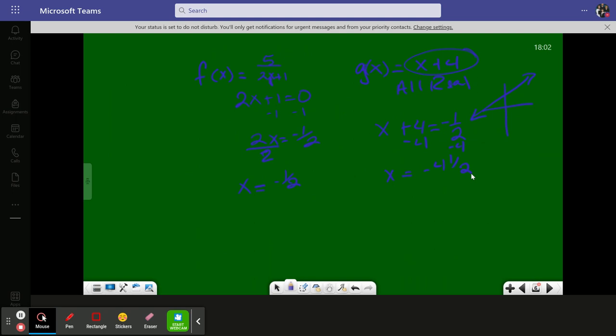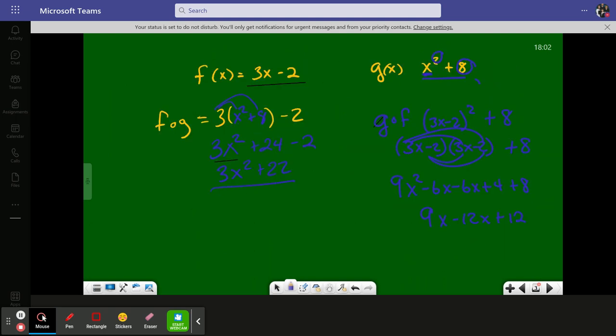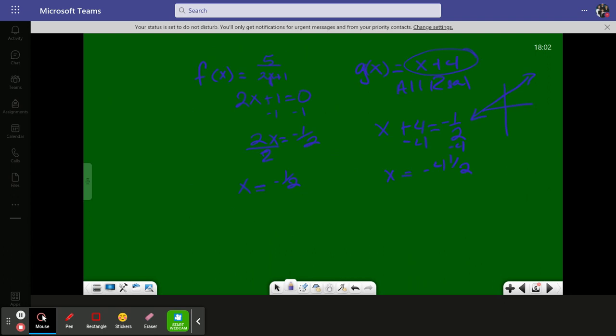That's the hardest thing we've got tonight. So when we're talking about domain, we're not doing it like we were doing the first part. What I'm doing is 5 over 2 times x plus 4 plus 1.